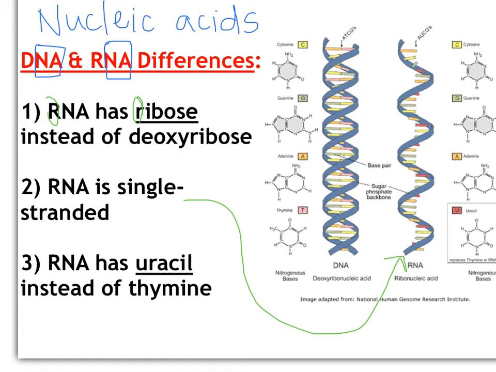And RNA contains our uracil base, our U. It contains U instead of T, and that's what you see over here. Over here we have our U base now, instead of this T in DNA. You do have to know those three differences.